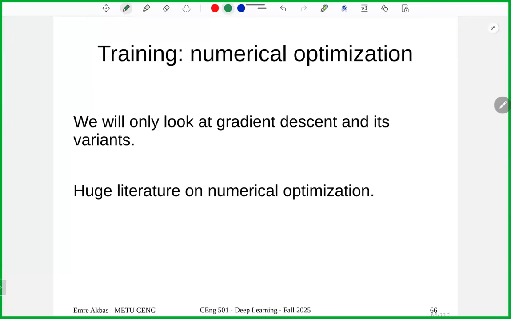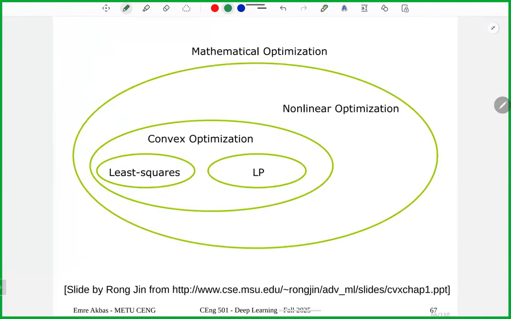There is a huge literature on numerical optimization, on how to optimize convex functions and non-convex functions. But in this class, we will only look at gradient descent, so-called first-order numerical optimization methods and their variants. Here is the landscape of all optimization problems, which is called mathematical optimization.